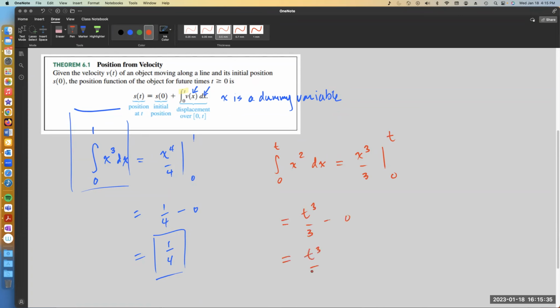And so notice that we get a function of t. This over here is just a constant. The thing that's common for both of these is that we end up with no x's. So in both cases, x is a dummy variable. It's just a placeholder. So don't be fooled. This is not what we normally think of as a variable. T is a variable, right? We end up with a function of t. So that is the independent variable for that expression.